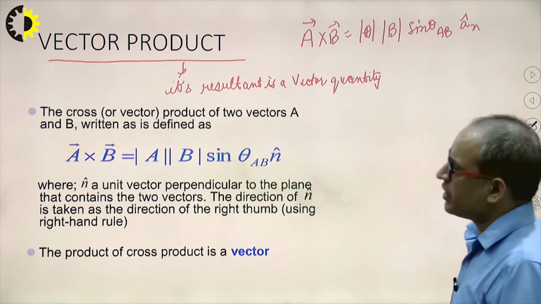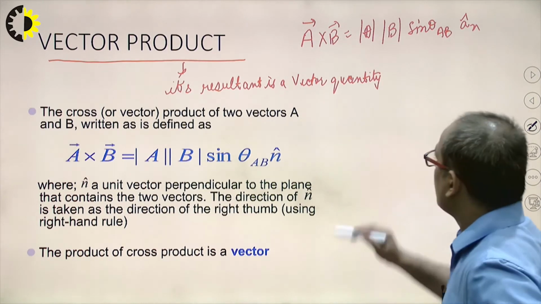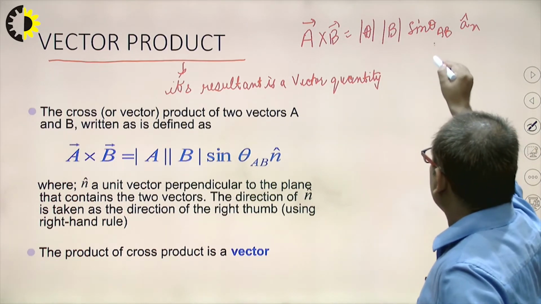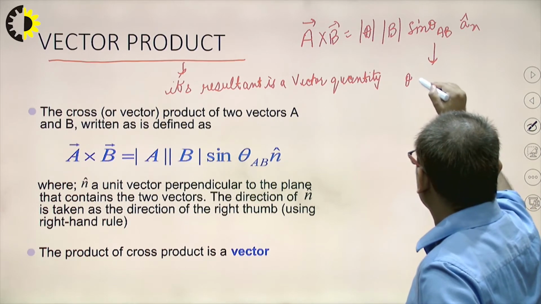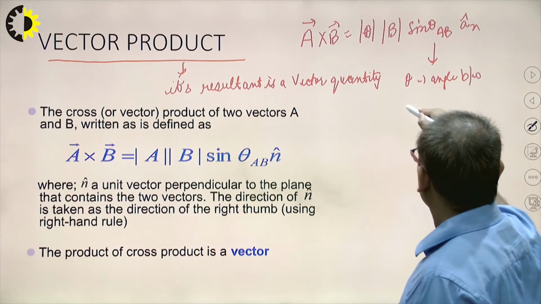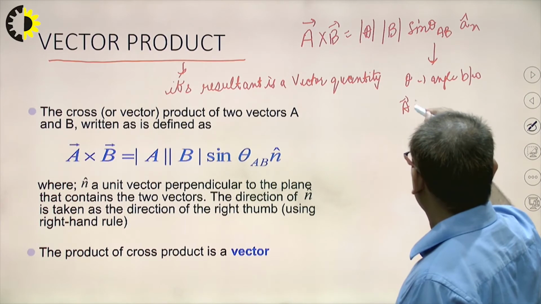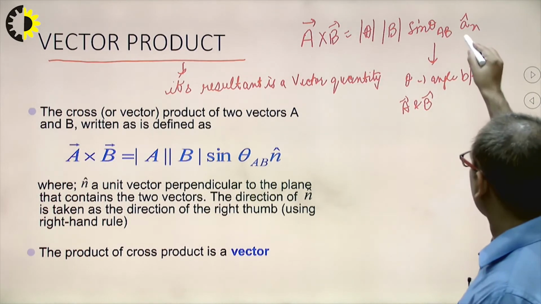Now what does this A cross B vector mean? This sin theta, theta is the angle between A vector and B vector. And what does this a cap n mean?